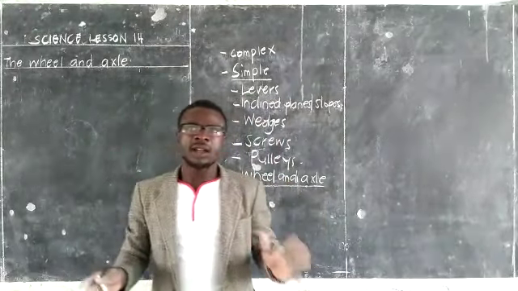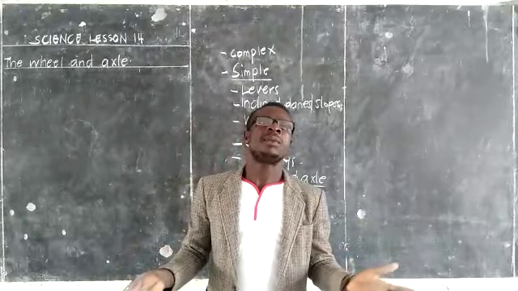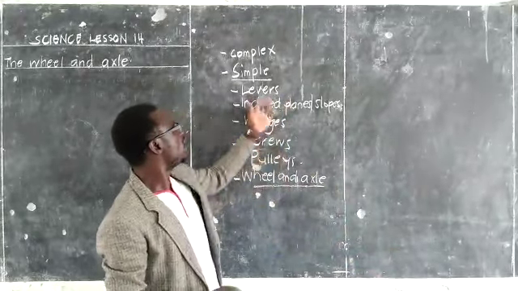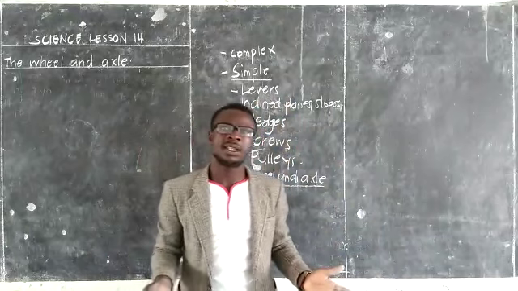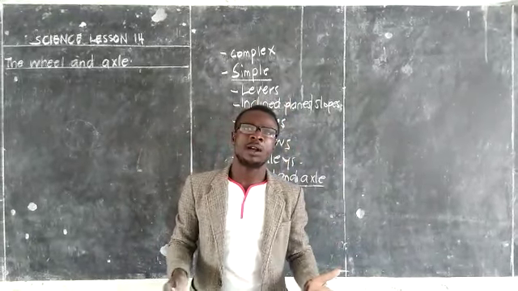Wheels and axle are simple machines just like these other types of simple machines. They simplify work.